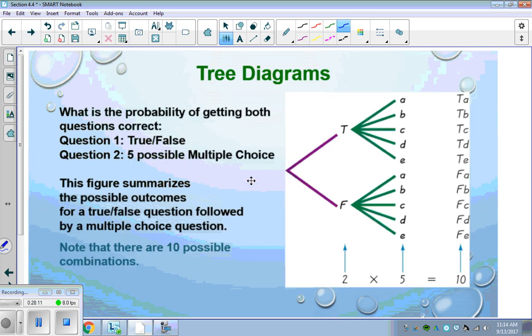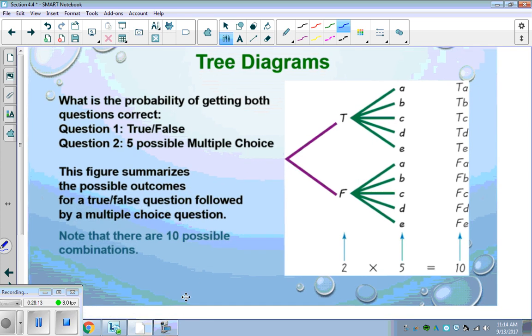So here's an example. This one is, what is the probability of getting both questions correct? And this is assuming you don't know the answers. For instance, I could say, my second son was born on, what's today?